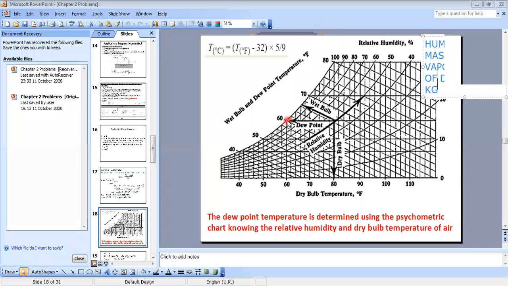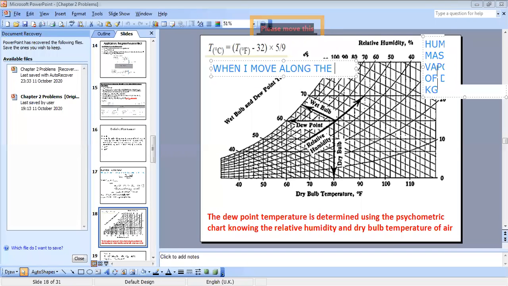Losing. Very good, you are right. I am losing energy. In which form am I losing energy? Sensible. Very good.